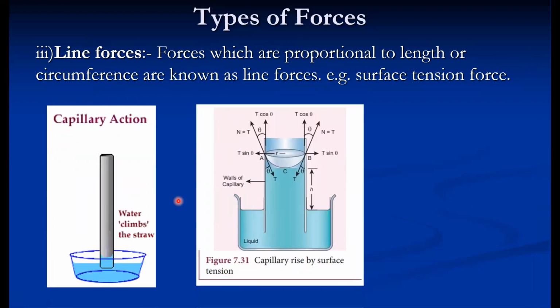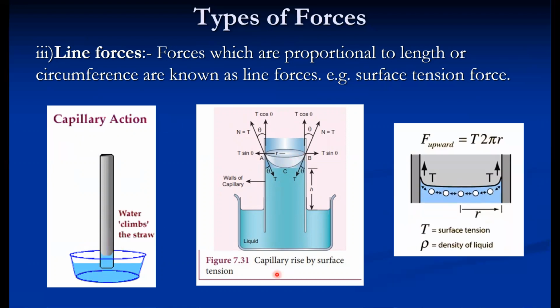Because of the surface tension, suppose we insert a glass tube in a container containing water, you can realize there is a level increase. The liquid rises into this thin tube, and this lifting of the liquid is because of the surface force, and this surface force is responsible to lift the water inside the capillary tube.